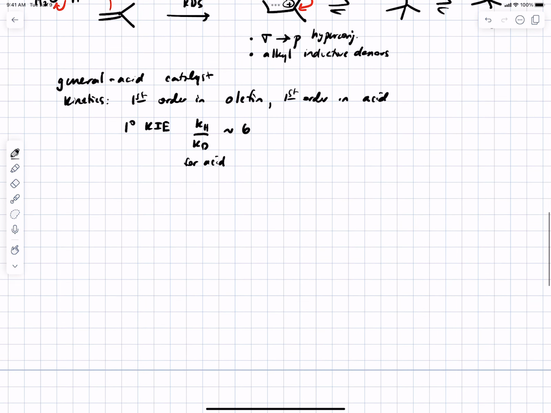But there's some interesting data in the text that are really kind of cool here. They did a Hammett-type analysis of olefins that are substituted like this. So there's an X group and a Y group.